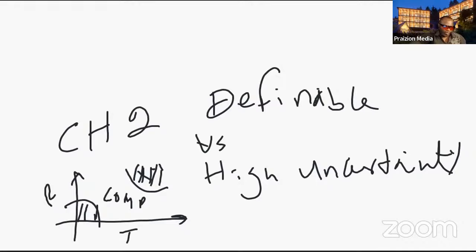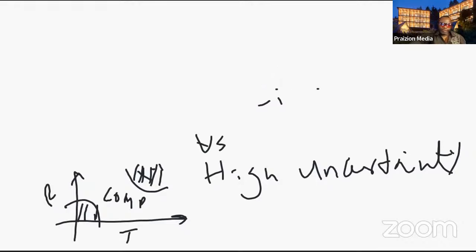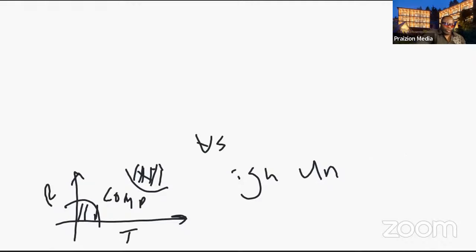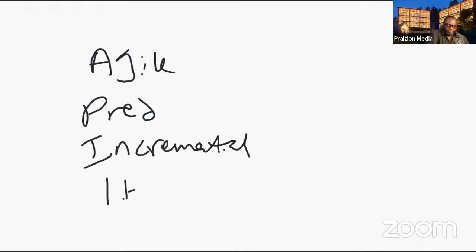Let's talk about chapter 3. Chapter 3 is all about the life cycles. For some of you who have already read this stuff, this is just going to be a nice reminder. When you take a look at chapter 3, you have to remember you have Agile, predictive, incremental, and iterative.